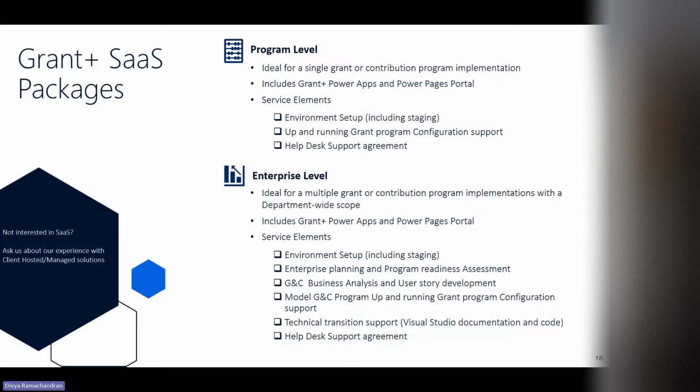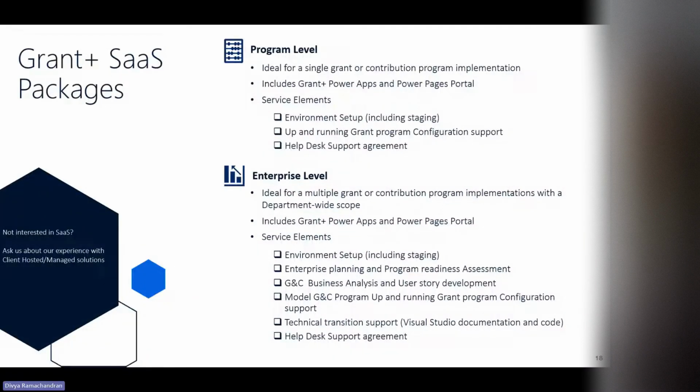It includes some service elements, like setting up the environment, providing some configuration support to get you started, and also help desk services, providing support after it goes into production. Then there's a second, higher level, which is the enterprise level, where multiple programs can be set up.